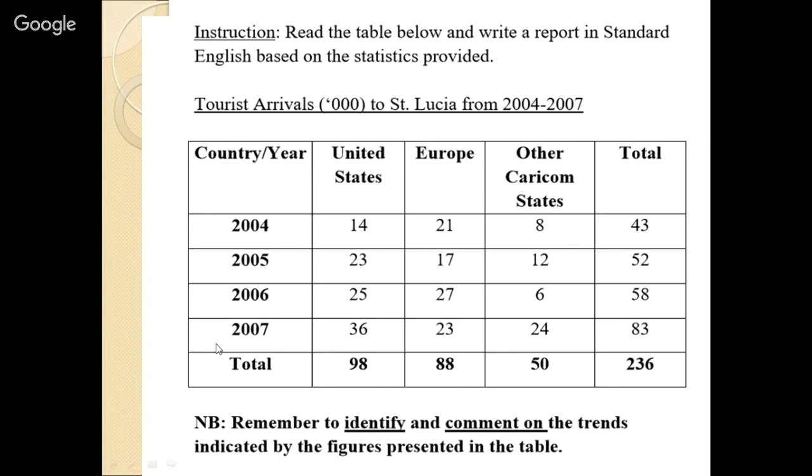Now, can somebody tell me how many categories we see? So we have 1, 2, 3: United States, Europe, and other CARICOM states. How many years do we see?